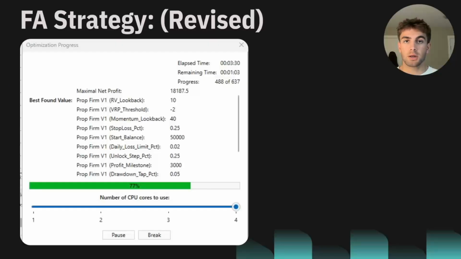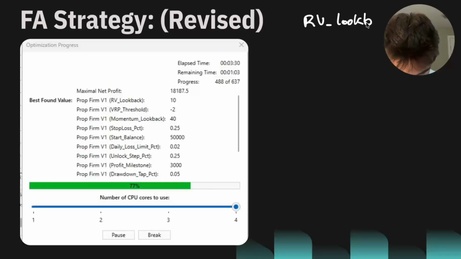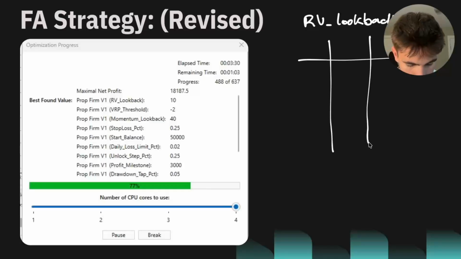This week, I used grid searches to optimize the different variables in the strategy for the most net profit. For example, the variable RV lookback was at, say, 20 before, but now we're testing it at a bunch of different levels: 20, 30, 40, 50.